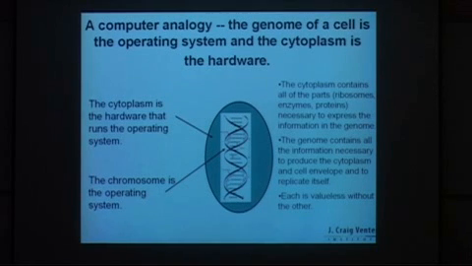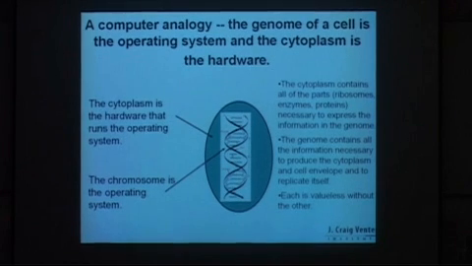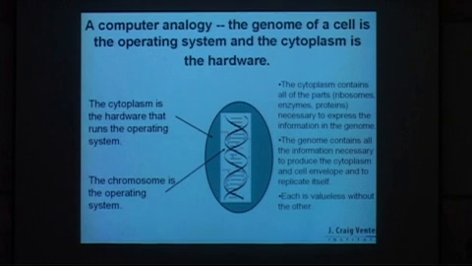And our premise here is that this analogy is pretty close to correct. That is, that the genome of a cell can be considered as the operating system, and the cytoplasm is the hardware. So the DNA is the operating system, and the cytoplasm provides the ribosomes, enzymes, and so forth necessary to express the genome.